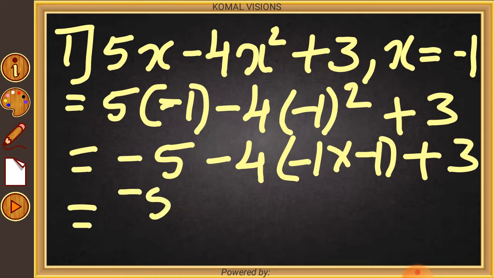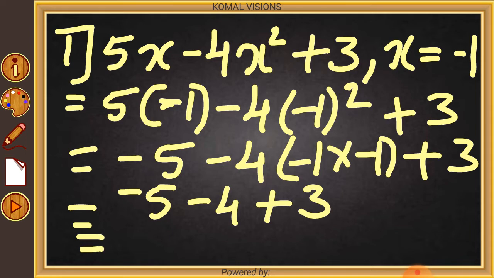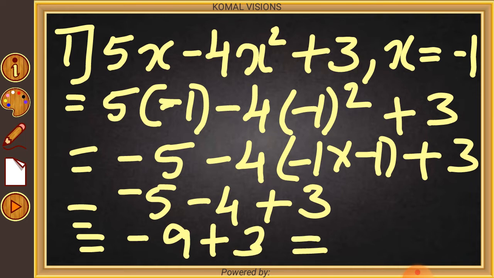The further step will be minus 5, minus 4, minus 1 into minus 1 is plus 1, because you know, minus into minus is plus. Again it is plus 3, and at the end we will get minus 5 minus 4 as minus 9 plus 3, where minus 9 plus 3 is equal to minus 6.